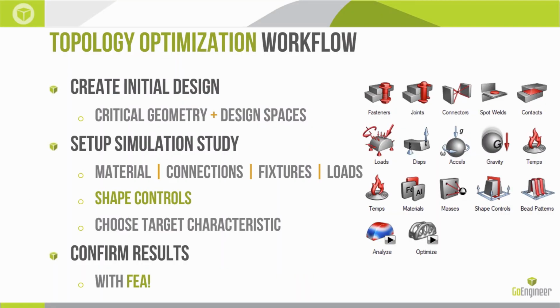We set up our simulation study, okay? We're doing the same thing. We're selecting a material, we're making connections, we're setting up loads. Something that's a little bit different as opposed to FEA is we are also implementing things called shape controls. These are controls over the resultant shape, and they're usually based on manufacturing methods. So if we were to eliminate all shape controls, if we were just going to avoid implementing them, we would usually end up with a very organic shape.